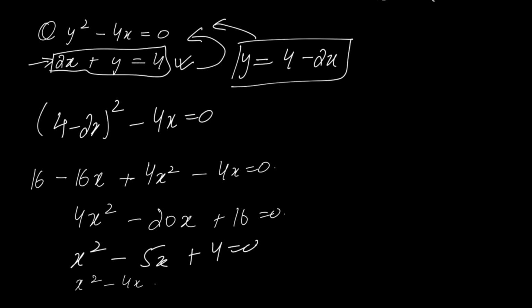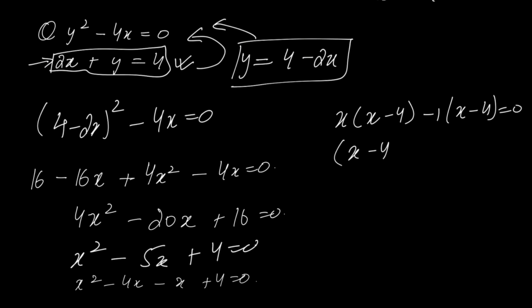Minus 4x minus x plus 4 is equal to 0. Now we can take x common in the first one, x minus 4, and minus 1 common in the second one, x minus 4. So we are getting two answers in this one, probably because the first equation is a curve. We have the answer x as 4 and x as 1.